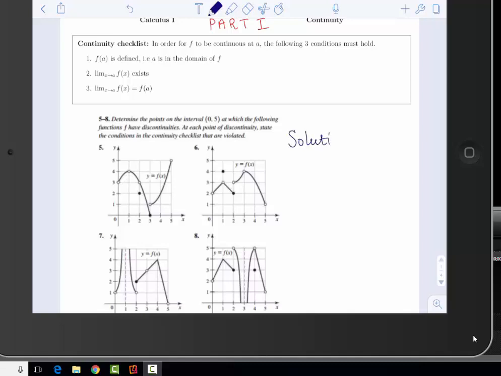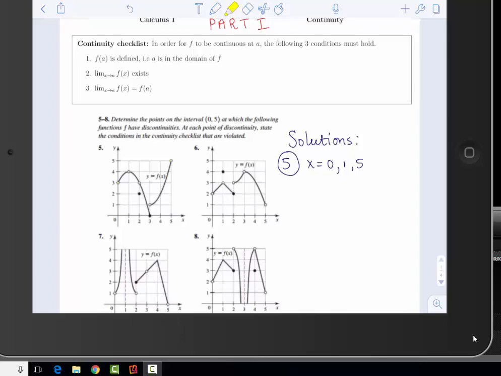Let's take a look at the graph for problem 5. Okay, let's see. The points that we're going to look at are 0, 1, 2, 3, 4, and 5. So I'm going to go ahead and list points 0, 1, and 5. Okay, let me highlight them. These points right here, 0, 1, and 5.